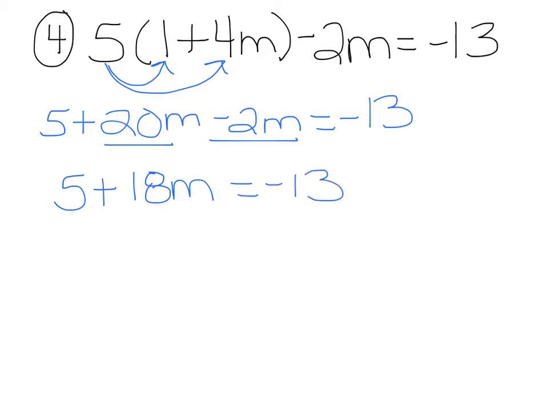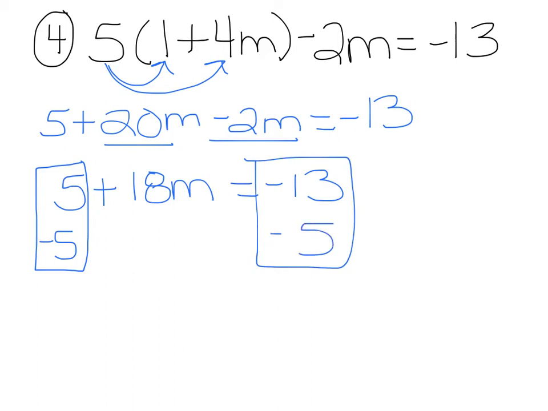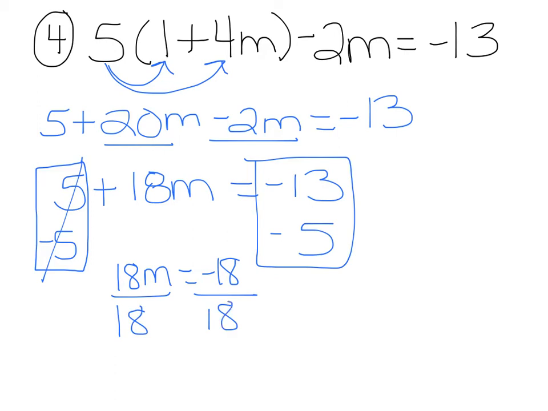My variable m is by itself on one side, so I'm going to move the 5 by subtracting 5 from both sides. The zero pair is on the left. I have 18m is equal to negative 18. And when I divide both sides by 18, I get m is equal to negative 1. Remember, a negative divided by a positive gives me a negative.